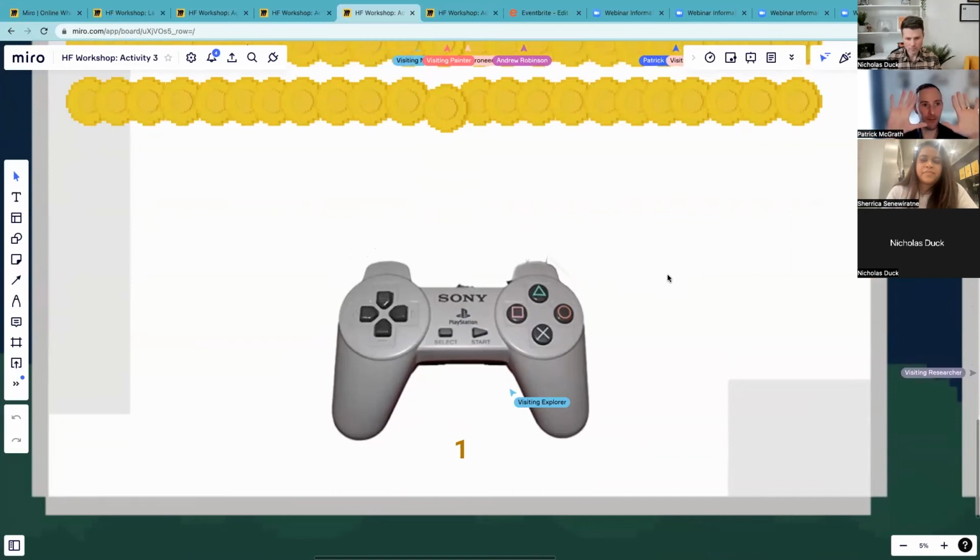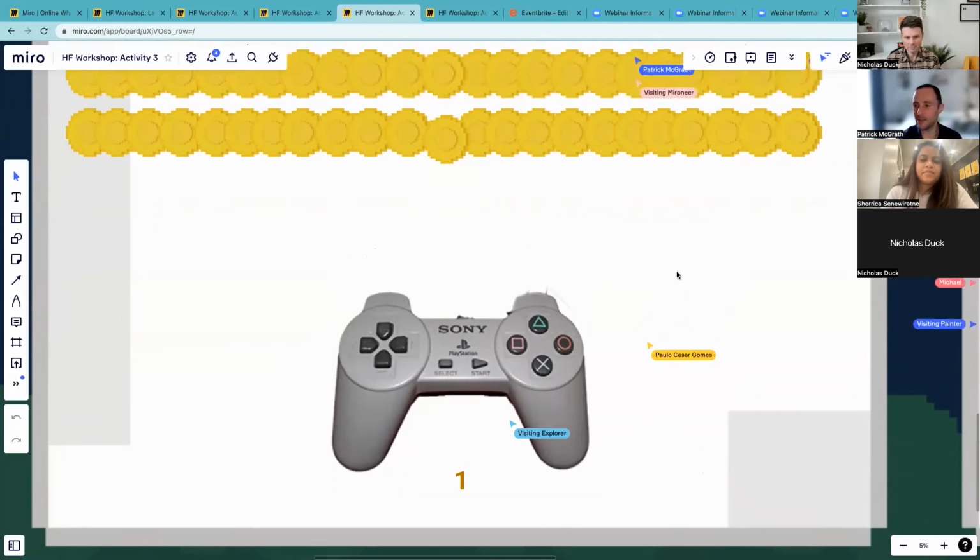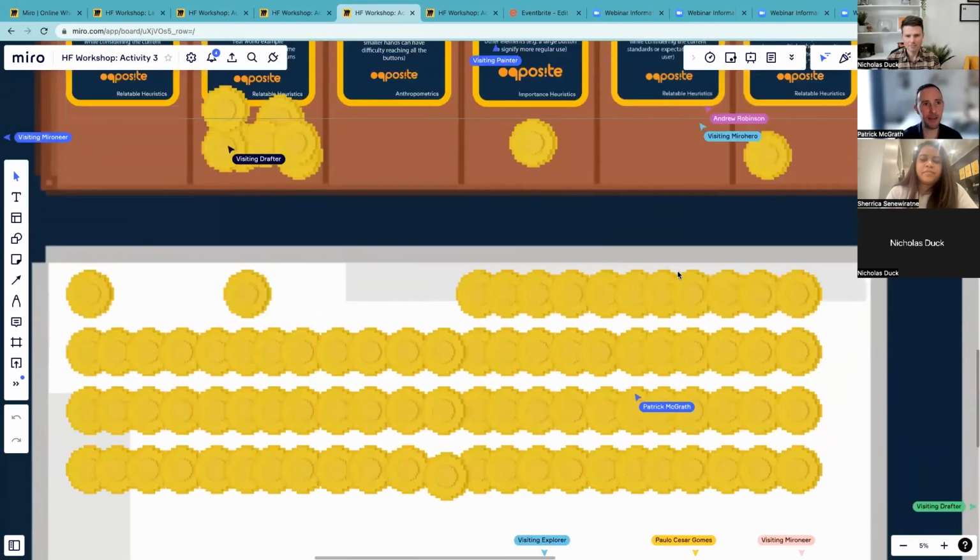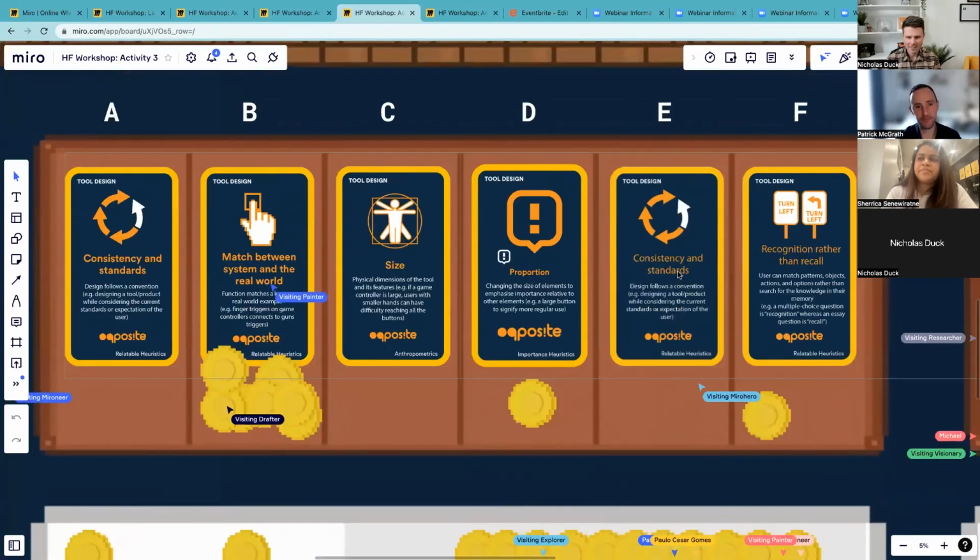Like I've got reasonably large hands, and I can tell you that the PlayStation 1 controller seemed, at least to me, to be designed for hands that are smaller than mine, and so you could feel quite cramped in holding it after a while.